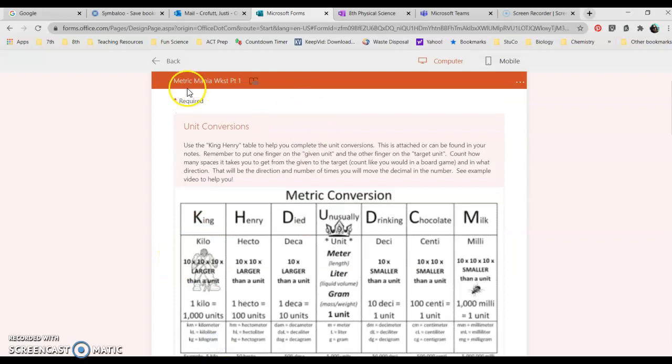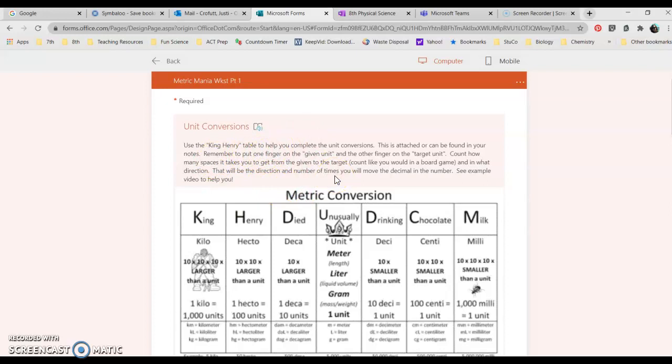Part 2 of this is unit conversion. You guys will be using the King Henry died unusually drinking chocolate milk table to help you do your unit conversion. Remember, a unit conversion is where you take one unit like centimeters and tell me, if we have 100 centimeters, how many meters is that? As a recap, you could highlight, or you can put one finger on your given unit.